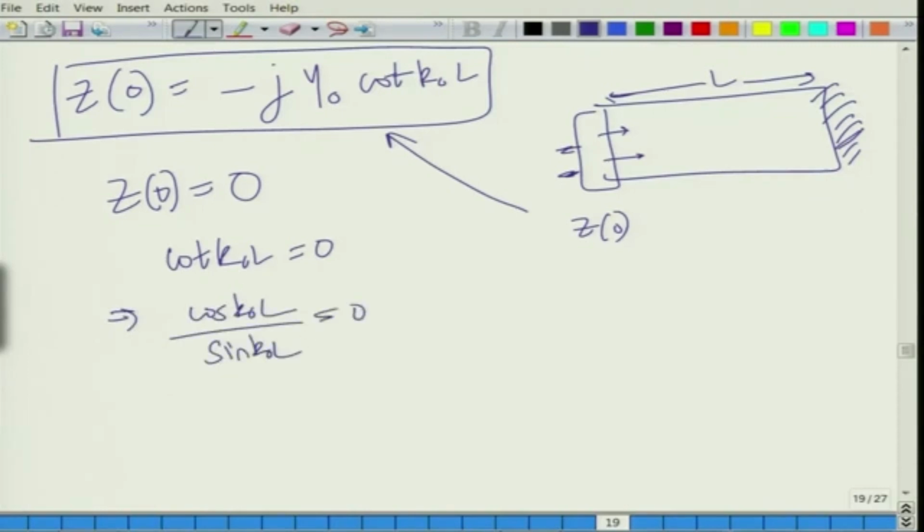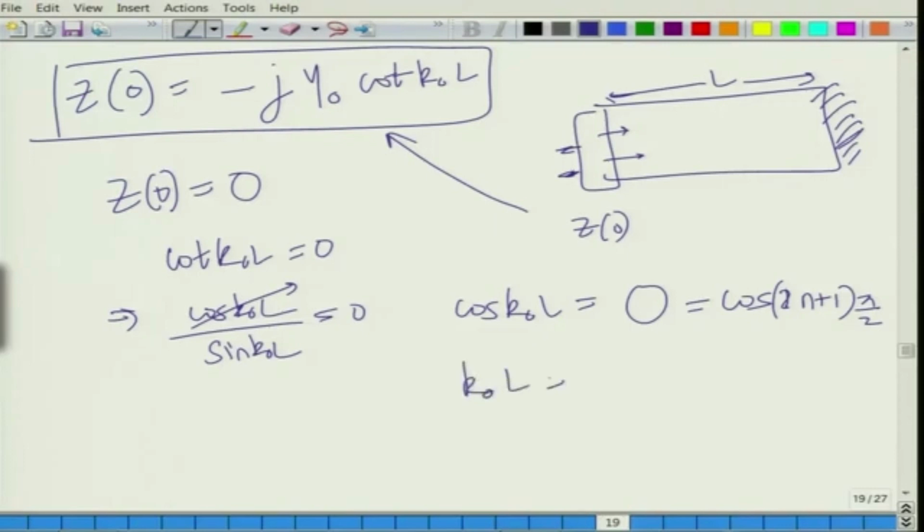So, this will happen when cos k naught L is going to 0, and this will happen when we have 2n plus 1 times pi by 2, where n starts from 0, 1, 2, 3, 4 like this. So, k naught L is 2n plus 1 times pi by 2.